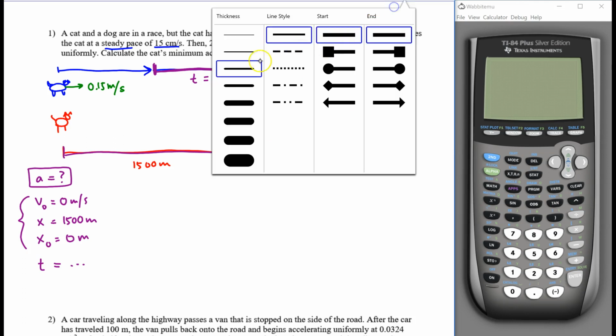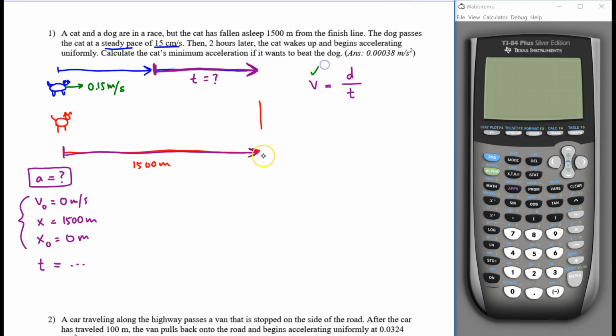But wait a second. We know the dog's speed, and we know 2 hours is the time for this part of the trip. Let's plug in that 2 hours along with the speed to find the distance in green here.